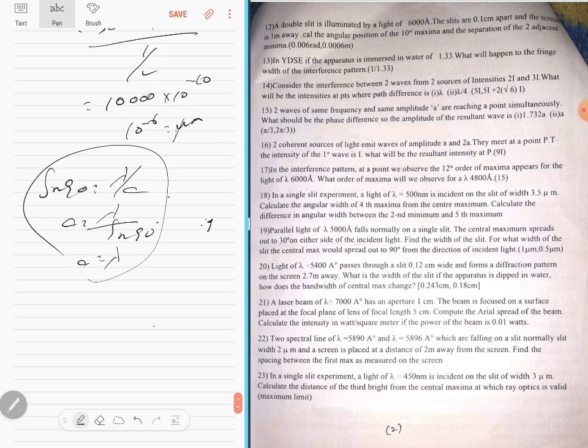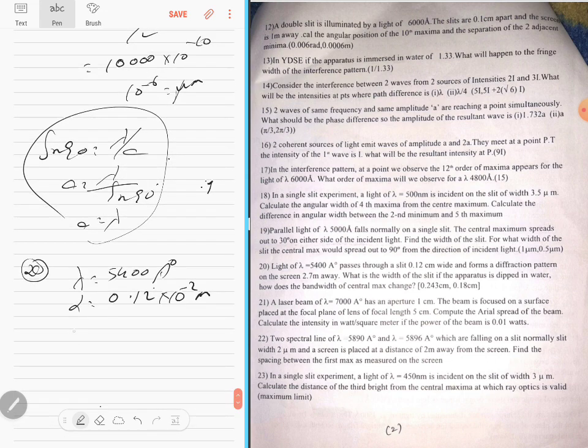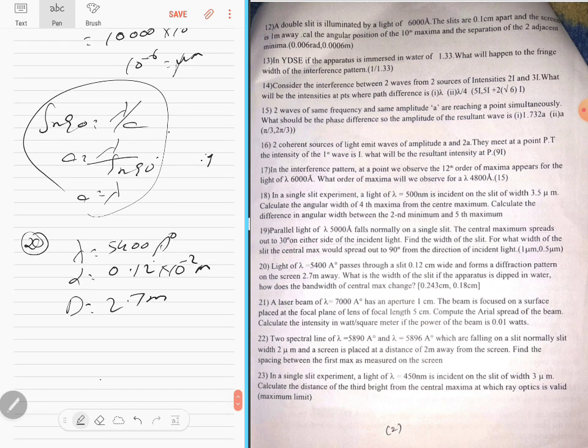Beautiful sum. 20th question. A wavelength of 5400 Angstrom passes through a slit of width 0.12 into 10 to the power minus 2 meter and forms a diffraction pattern on the screen. Capital D is equal to 2.7 meter away. What is the width of the slit if the apparatus is dipped in water?